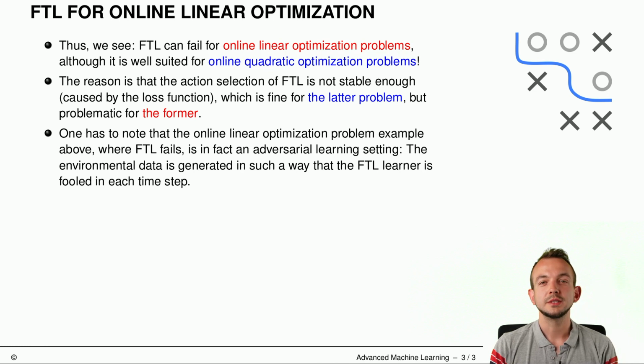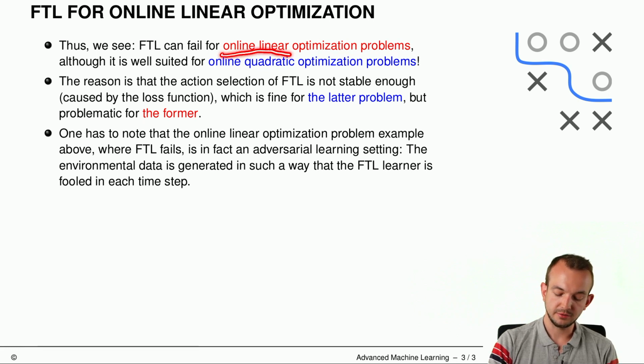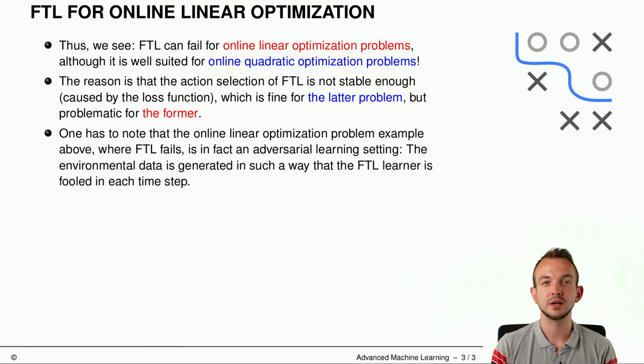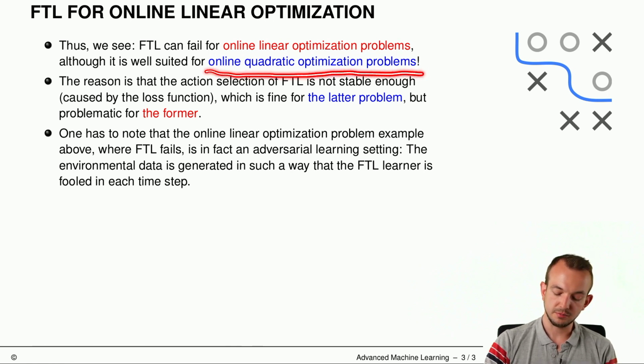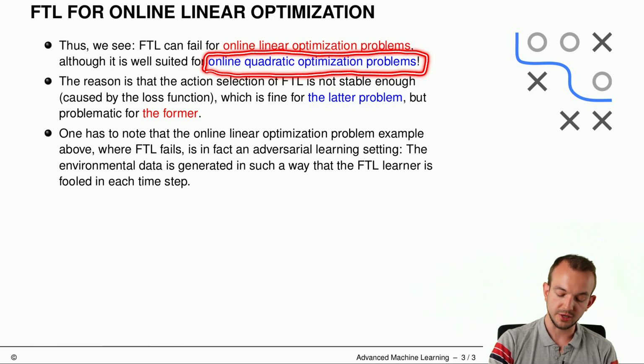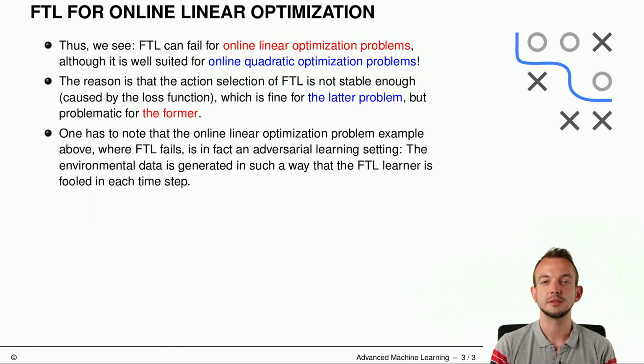So we see here the problem of the follow the leader algorithm, so that it can fail for these type of problems where we have a linear loss function which is giving rise to an online linear optimization problem. But we saw before it's performing quite well for online quadratic optimization problems where we had this quadratic loss function.